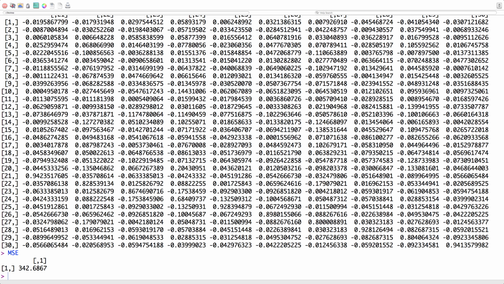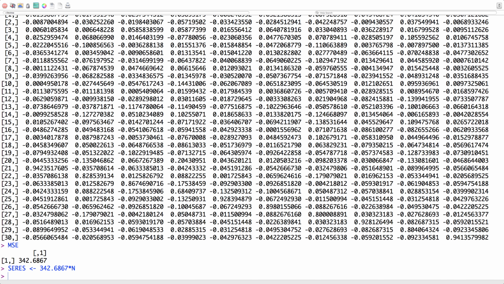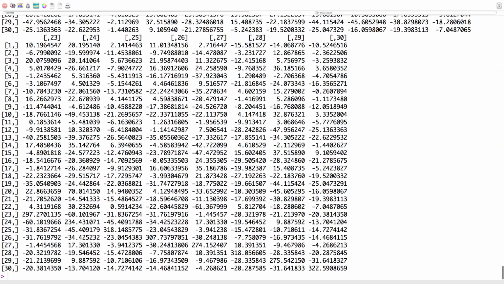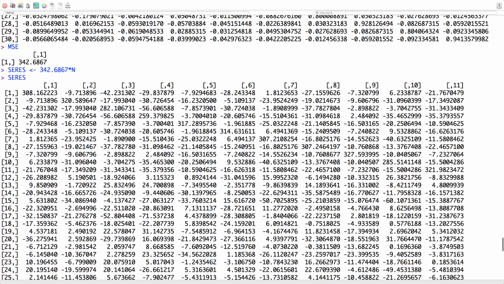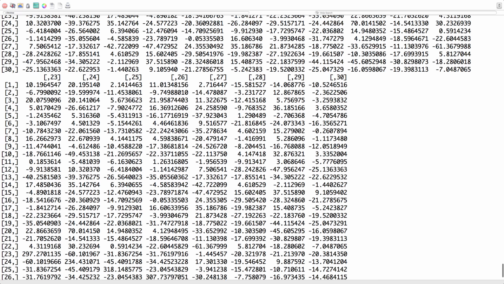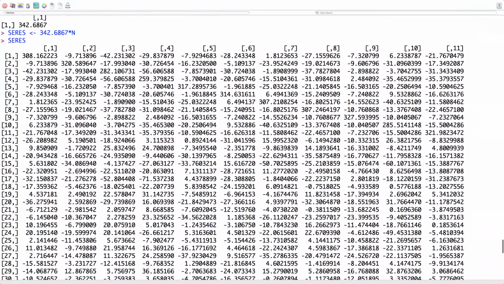So I'm going to do standard error for the residuals, and I'm going to take 342.6867, and multiply what I call the n matrix. And we get the standard errors for the residuals.